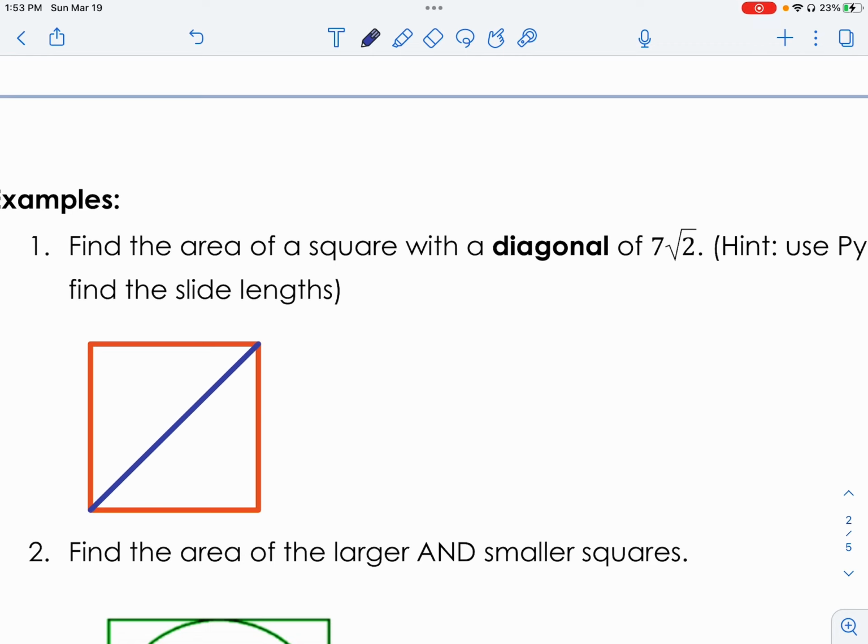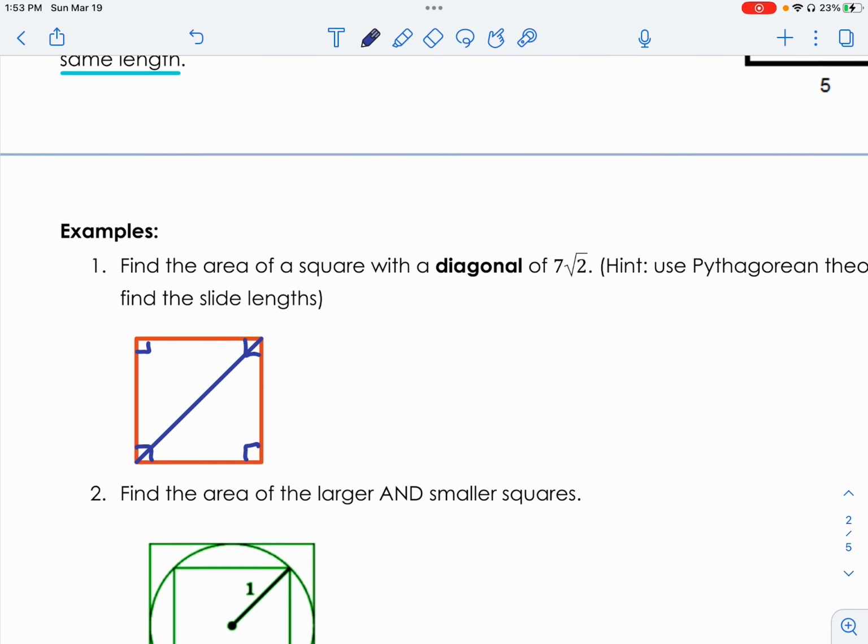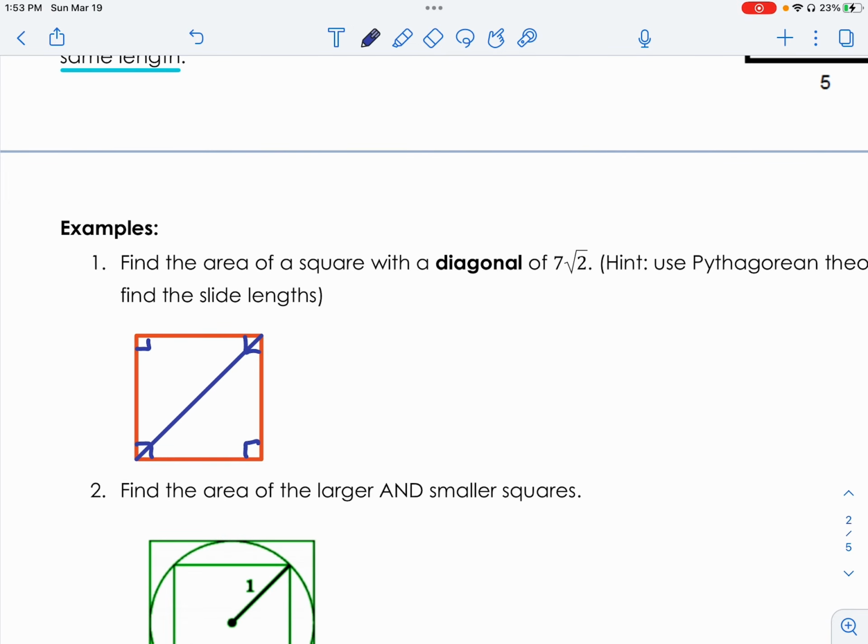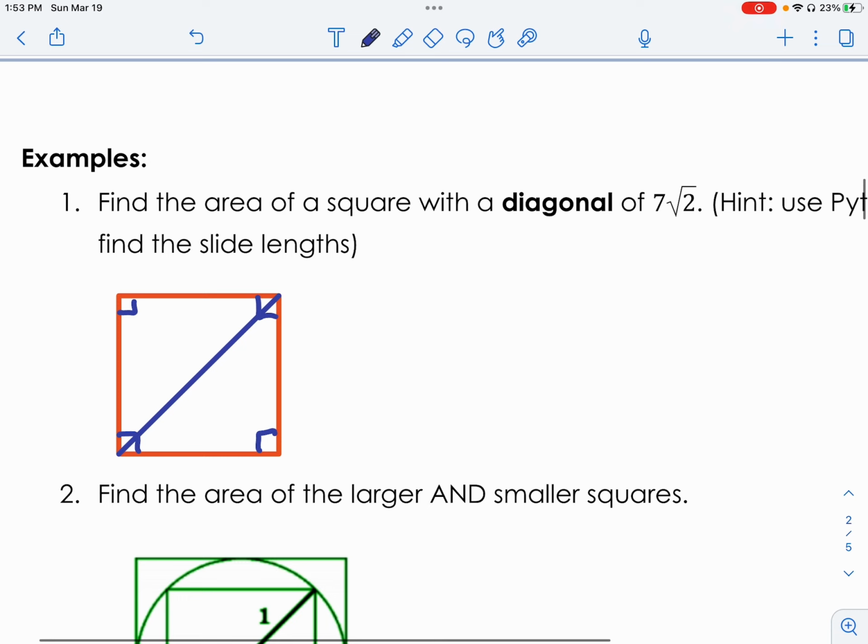Well, if we knew that this is 90, this is 90, this is 90, this is 90, that diagonal bisects our 90-degree angle. And when it does bisect it, we end up with a 45, 45, 90 triangle.